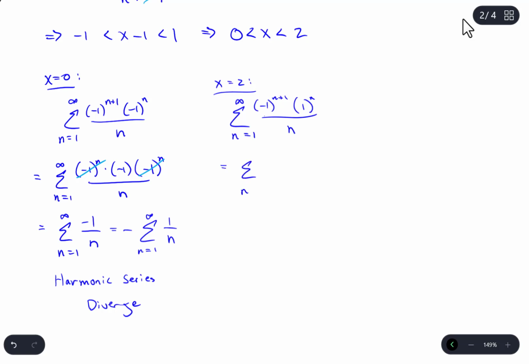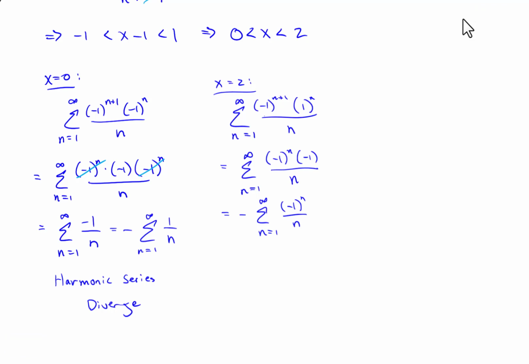Then 1 to the n is just 1. Then we have essentially negative 1 to the n times negative 1 over n. So I can pull a negative out, and that would leave me negative 1 to the n over n. So this is the alternating harmonic series.